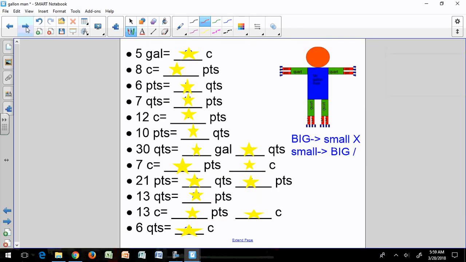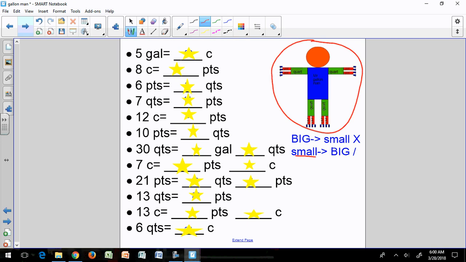Let's try some conversions, okay? If it would help you, rewrite the exact conversions, but otherwise we have this gallon man here to kind of help you out. And remember, if we're going from a big unit to a small unit, we multiply. Horse to fly, multiply. If we're going from something big like a horse to something small like a fly, we multiply.